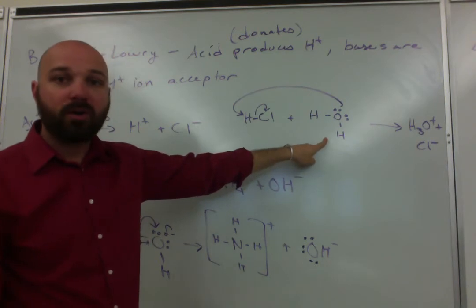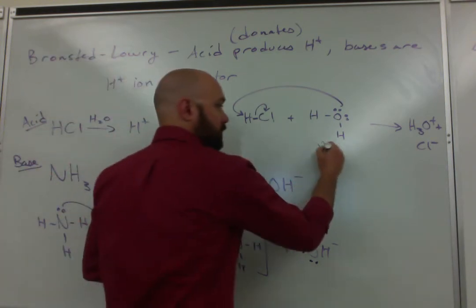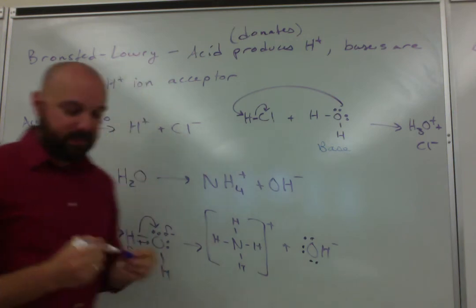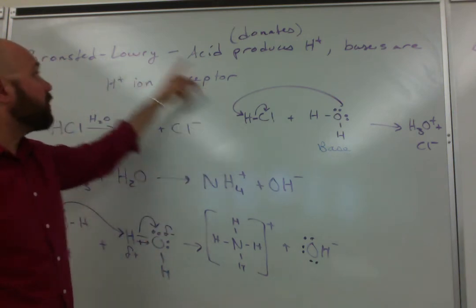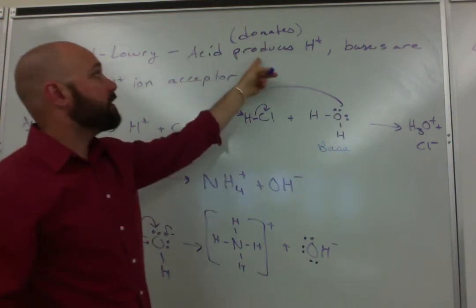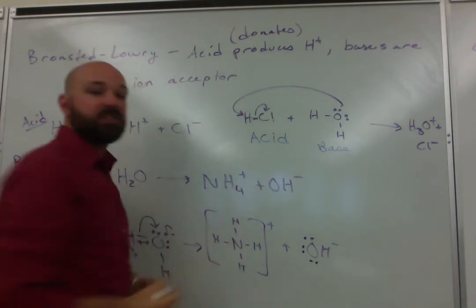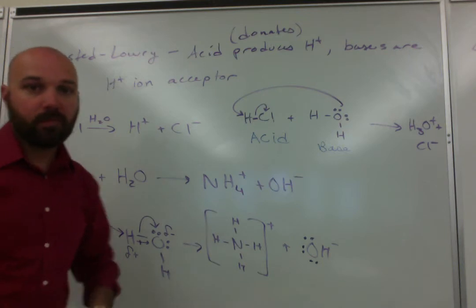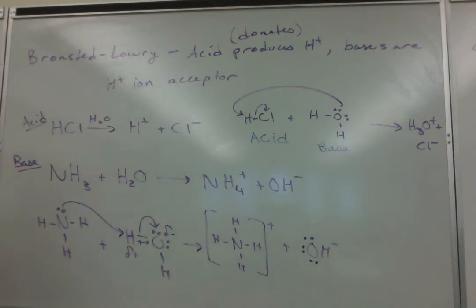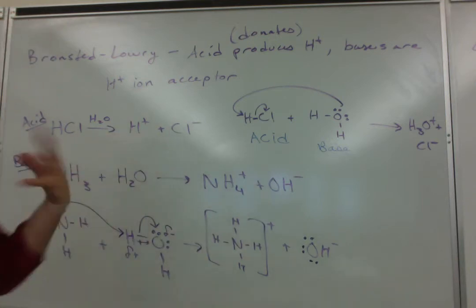What does that make water in this case? It makes water the base. HCl, because it donates the hydrogen ion, is the acid. So HCl is an acid by Arrhenius, by Bronsted-Lowry, by all of them.